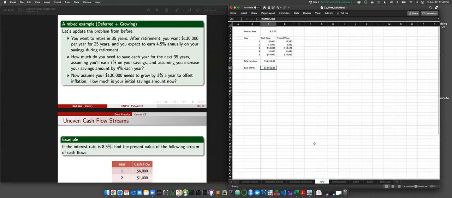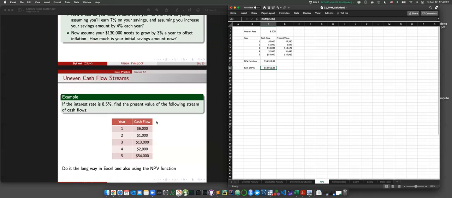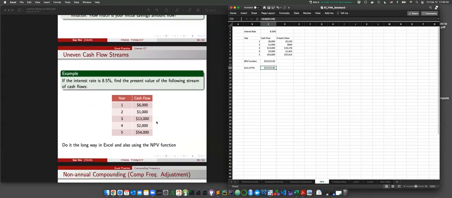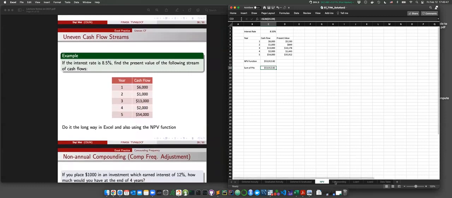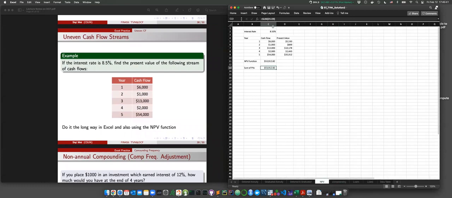Oh, actually, there is one more example I want to talk about a little bit. So let me find it. Okay, that's the example I do want to go over real quick.